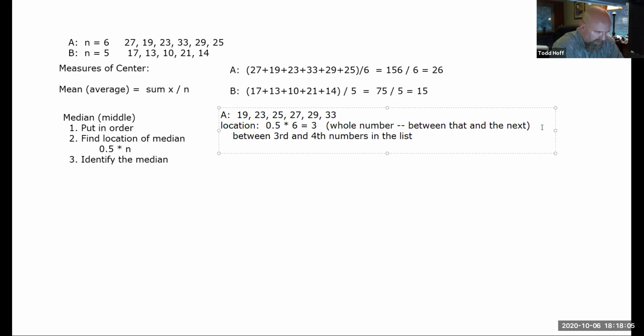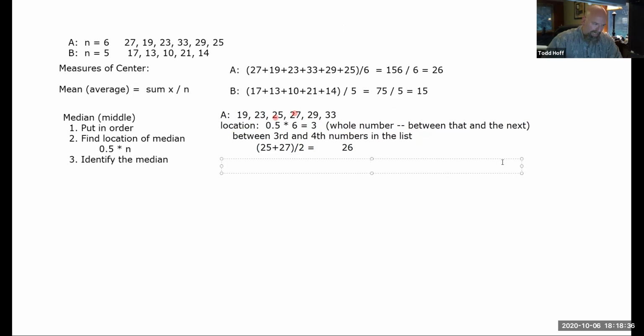The 3rd number is 25 and the 4th number is 27. Between those, we're just going to add them together and divide by 2. So 25 plus 27 divided by 2 gives us 26 as the median. That's what's between those two numbers. That is the center of the data. Half the numbers are smaller than 26. Half the numbers are larger than 26.